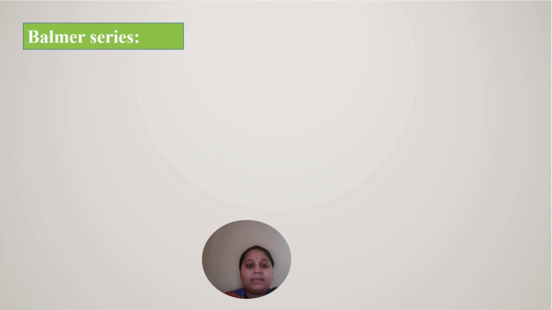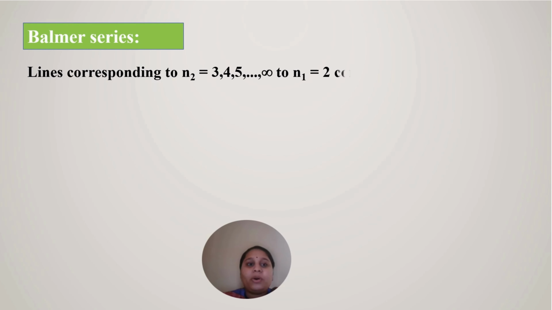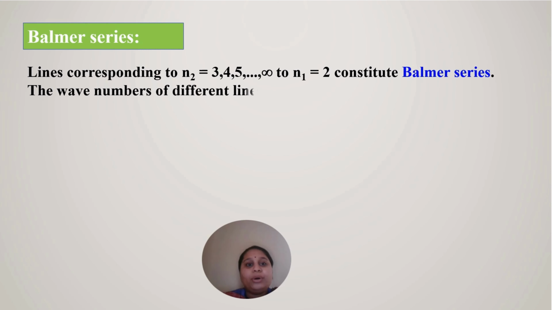The next is the Balmer series. The lines correspond to transitions from n2 equals 3, 4, 5. According to the series, the n1 and n2 values go on increasing. In Lyman, n2 is 2, 3, 4, 5 and n1 is 1. Here n2 is 3, 4, 5 and n1 is 2. Substitute starting with n1 as 2 and n2 as 3, and so on.